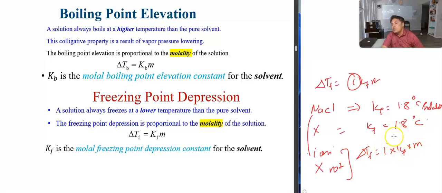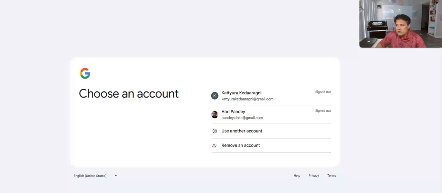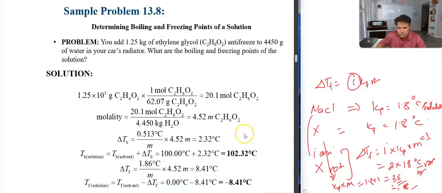Suppose the molality is the same, equal to 1 for both. Then for sodium chloride, i is 2 times Kf, 1.8 degrees centigrade, because the molality will cancel.